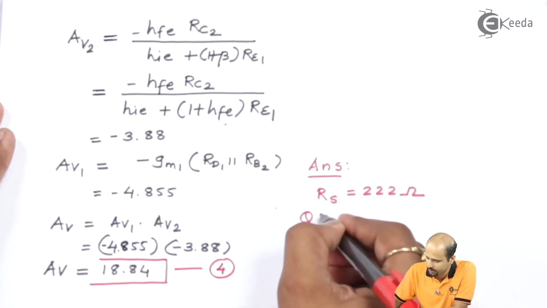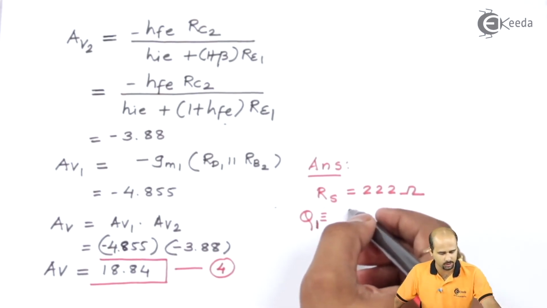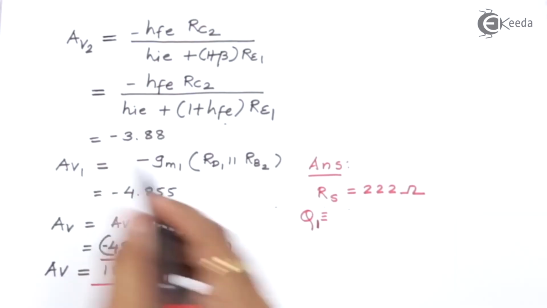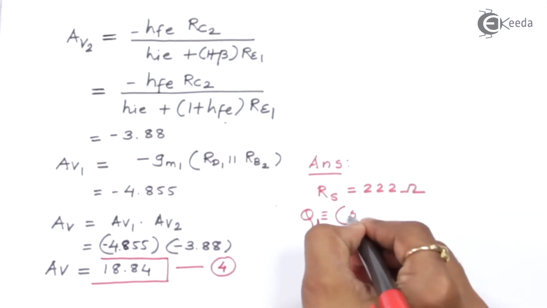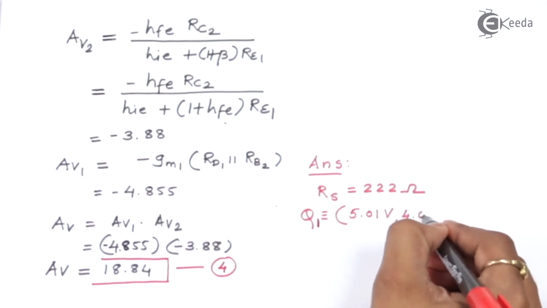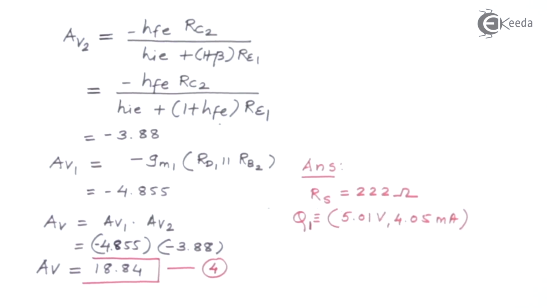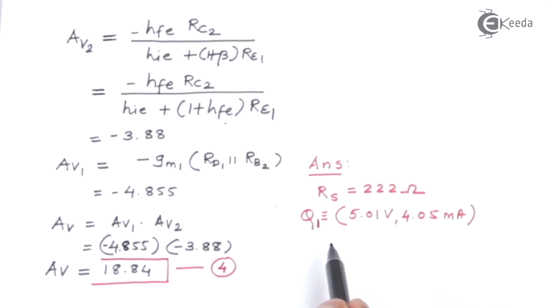Then the Q parameter, let's say Q1, that is for the first stage. We have already got that, and it is nothing but 5.01 volts, 4.05 milliampere. Obviously, this Q1 gives the value for VDS and IDQ.